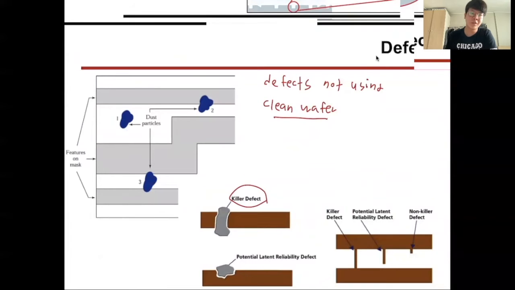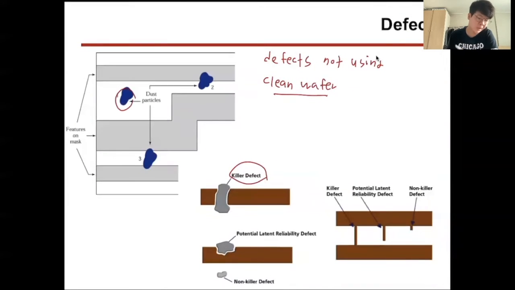And there is a classification of defects. First of all, the non-killer defects, which do not affect the wire line, and there is the potential latent reliability defect, which is not as critical as the killer defect, but it can be a source of defects for further processes. And for the killer defect, we cannot fix the die, so we cannot use this die.